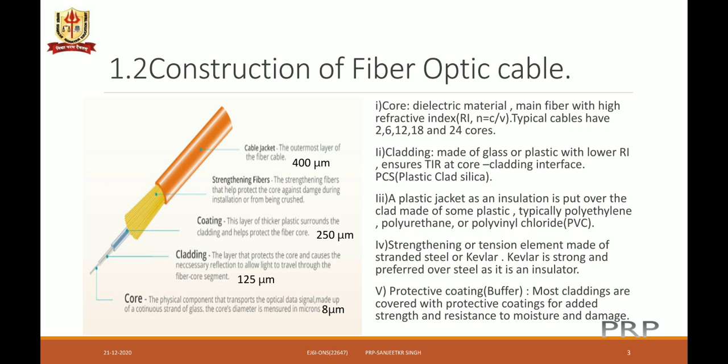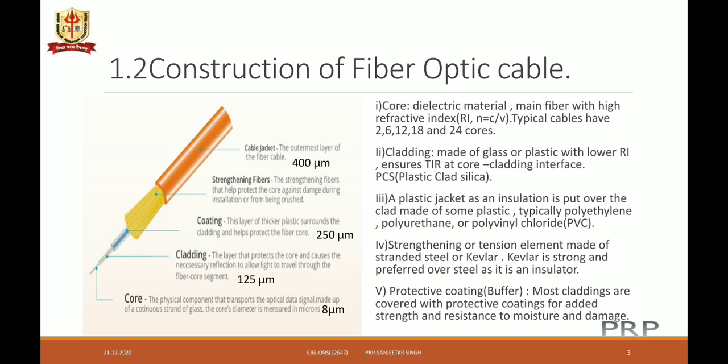Then we see the strengthening or tension element as well, that is made of stranded steel or Kevlar. Kevlar is a strong and preferred over steel as it is an insulator. And the coating, that is the primary buffer layer, is covering most of the cladding and providing protection, plus added strength and resistance to moisture and damage.